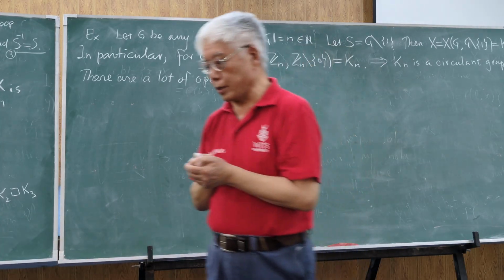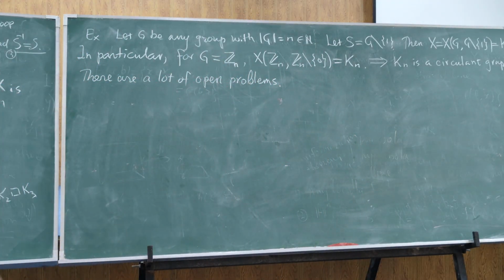One of them I said already: if you have a group of order n, is it true that almost all Cayley graphs of order n can be obtained by Cayley graphs of abelian groups? That's one of the questions.